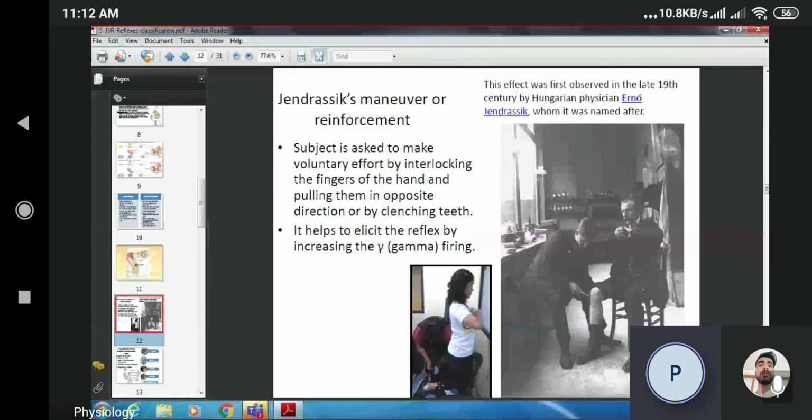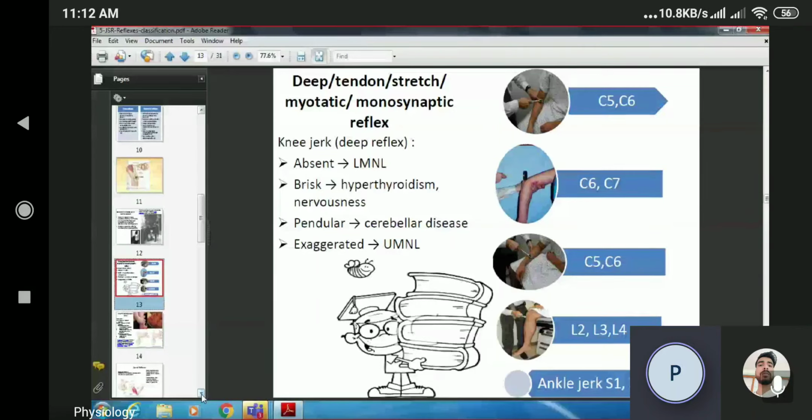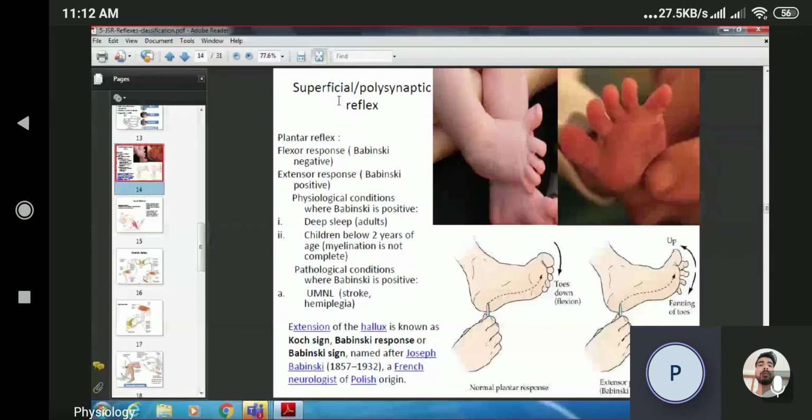After that, let's talk about Babinski sign. Superficial reflex or polysynaptic reflex. Okay, plantar reflex. Flexor response in plantar reflex means Babinski negative, and extensor response in plantar reflex means Babinski positive.